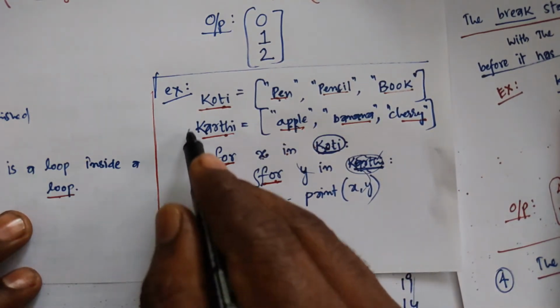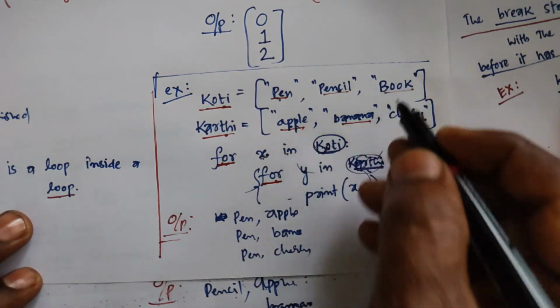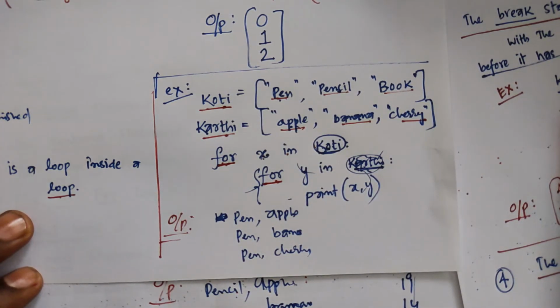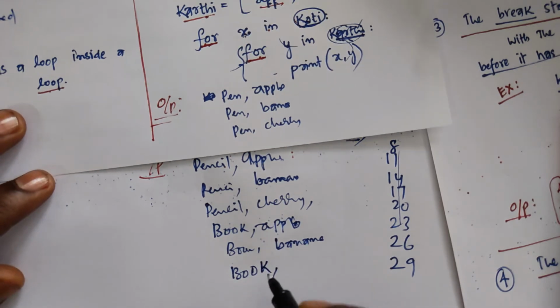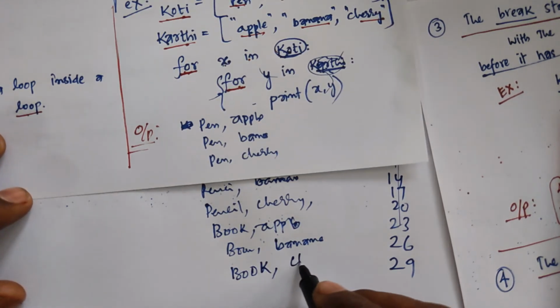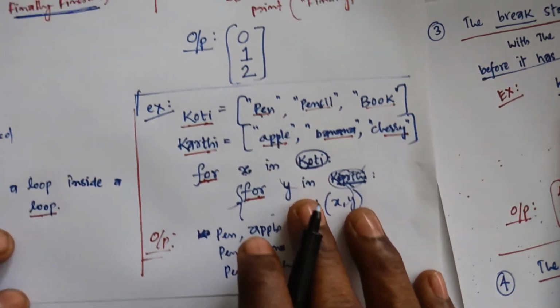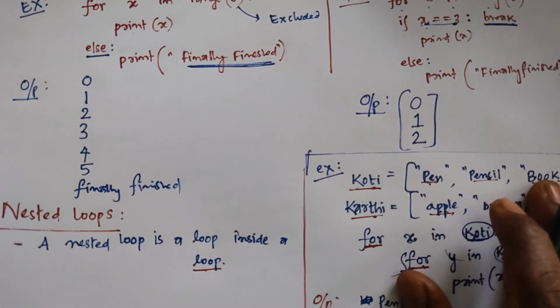Then only you can go to the upper value, the third item, book: book comma apple, book comma banana, and the last one, book comma cherry. Like that you have to generate this. So this is the actual concept of nested loop.